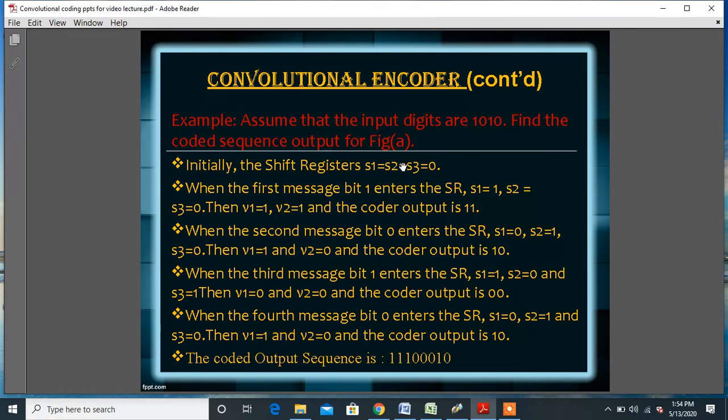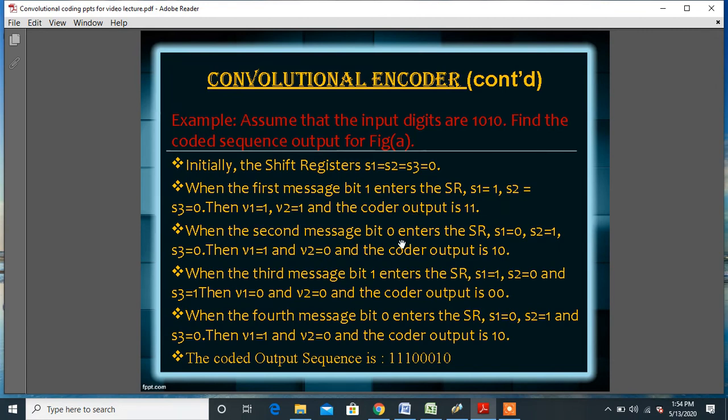In the convolutional encoder, initially the shift registers are 0 0 0. When the first message bit 1 enters the SR, S1 is 1 and the others will be 0 0, so V1 and V2 will be 1 1 and the coder output is 1 1.